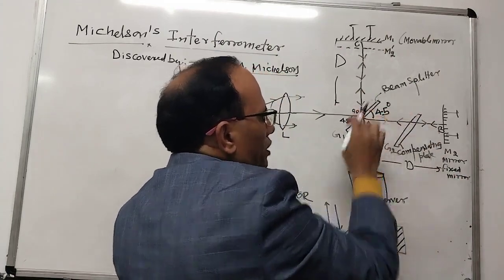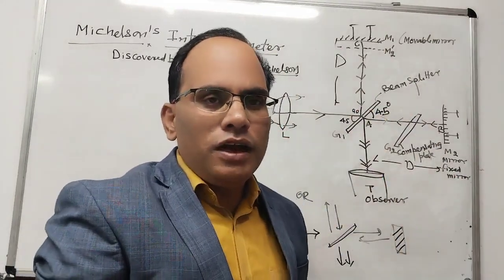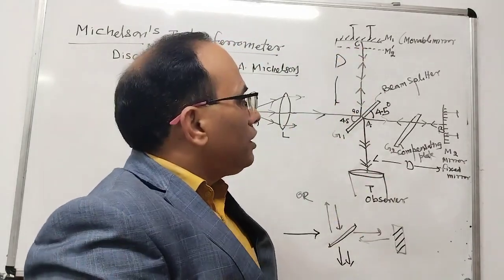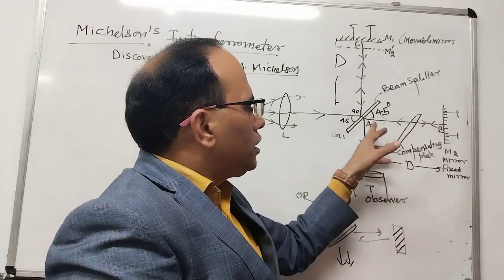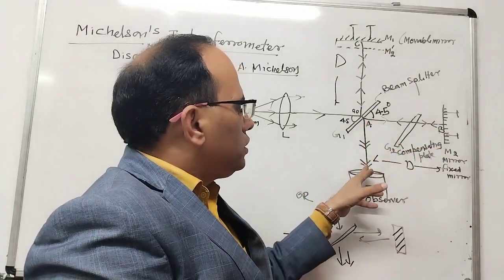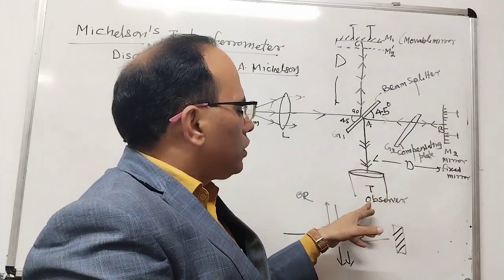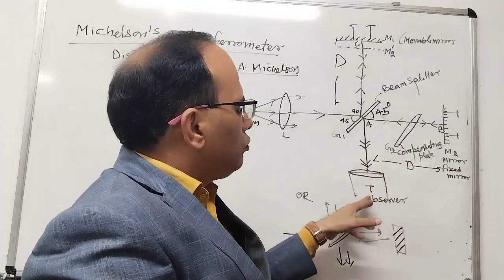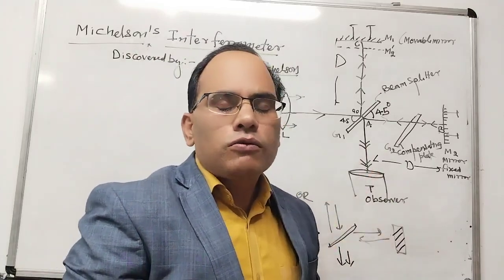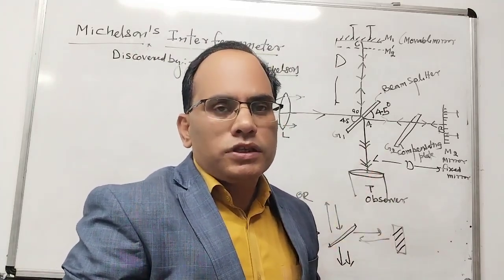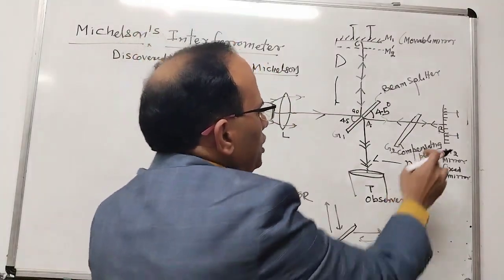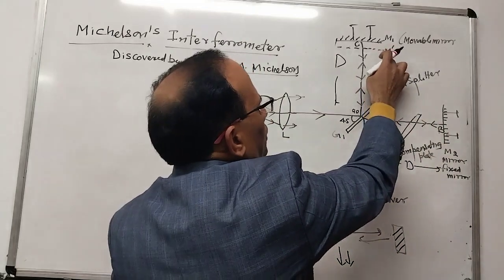So they diverge from point A, and after suffering reflection from mirrors M1 and M2, they come toward point A, and together they go into the telescope, that is the observer. So what we can see through this observer, we can obtain the fringe pattern, that may be circular, may be straight fringes. So how are the rings formed? Because the image of M2 is also formed at M1, that is M2 dash.